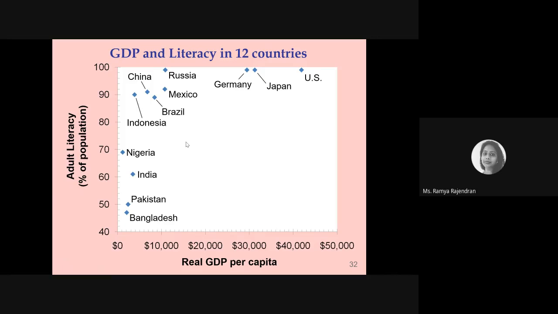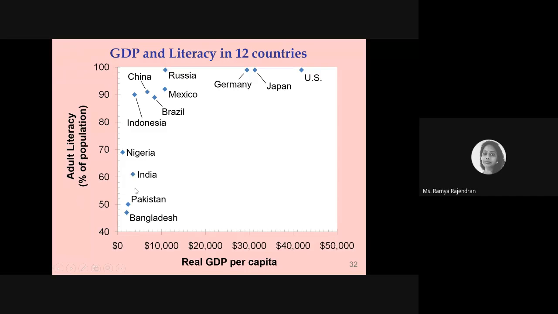and literacy when compared with GDP: yes, when the literacy is high, the GDP is high. We can't say whether GDP leads to literacy or literacy leads to GDP. It can be both. Okay, Pakistan and Bangladesh are at the bottom level, with only 46%, 47% of people able to read in Bangladesh.